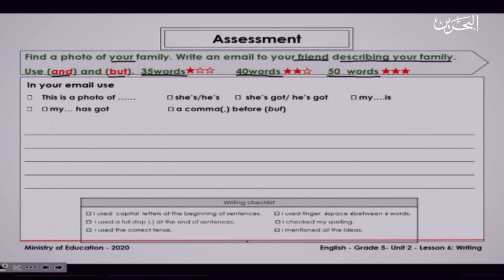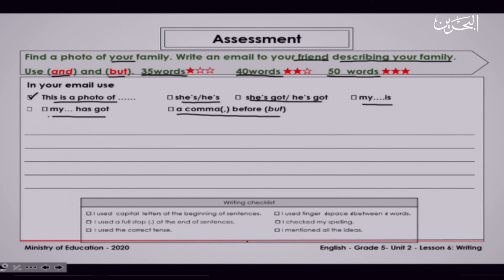In your email, you have to include all these phrases. When you are writing, put a tick if you use this, so you don't forget. And remember, before starting to write, you have to start every sentence with a capital letter.